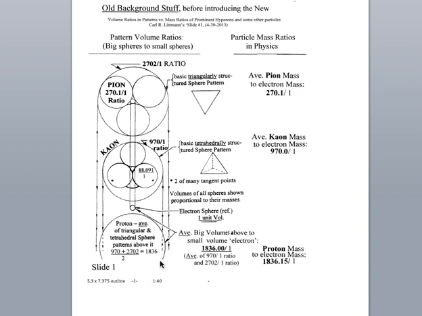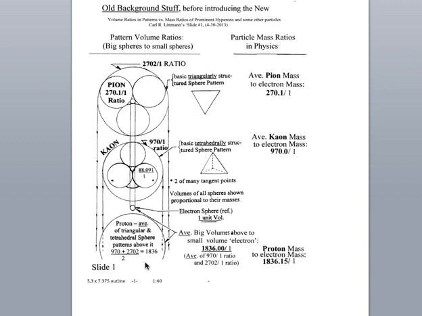And perhaps to our surprise, that abstract volume ratio almost exactly equals the mass of a proton particle compared to the mass of a much smaller electron, a 1836.15 to 1 ratio.